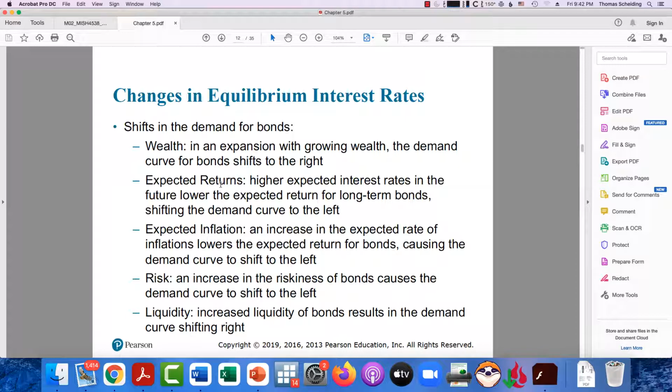With expected returns, if it's higher in the future, then it must be lower now. So fewer people would want it. If inflation is expected to increase, people don't want to buy bonds as much because that higher inflation rate is going to eat away at the interest rate. And obviously, if risk increases, then people aren't going to want to be in this asset.